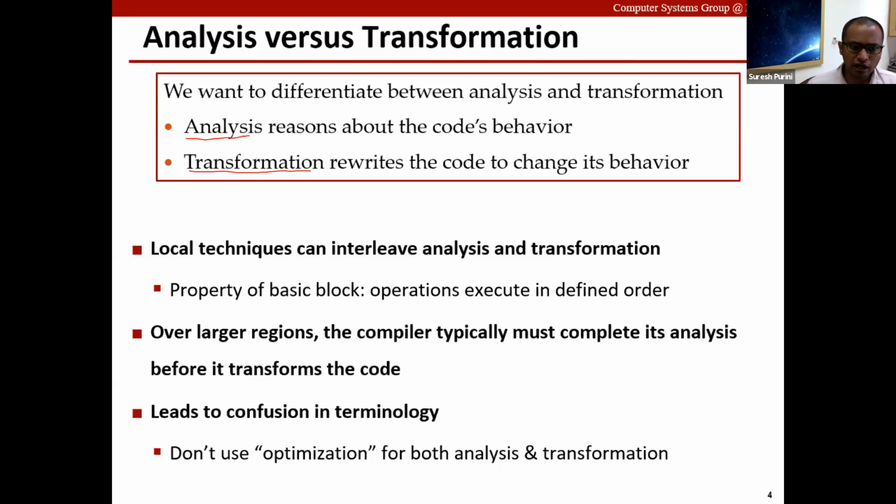But optimization techniques which work at a higher scope, like at an extended basic block level, a dominator region based level, a function level, or an interprocedural level, it is very normal to have an analysis pass which collects all the information, and then the transformation pass starts doing its job.